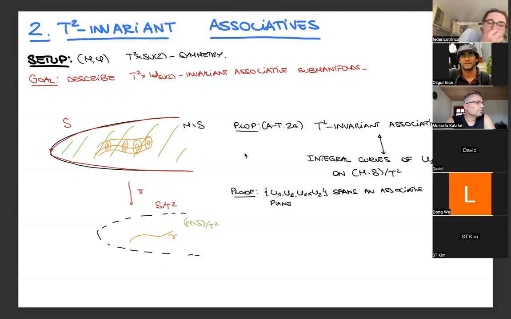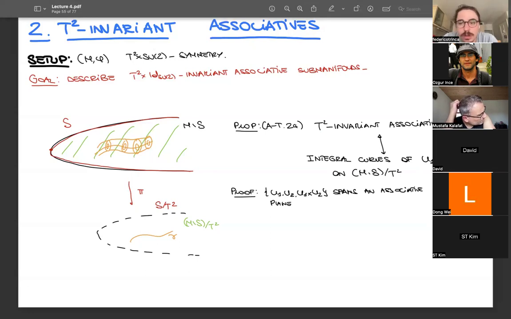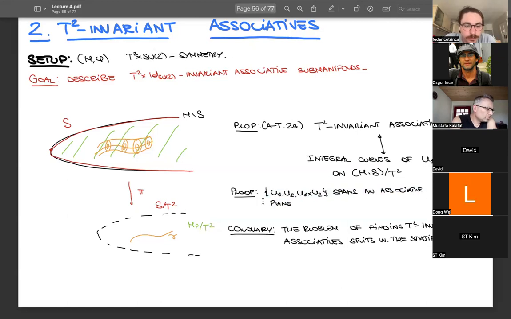Now we want to understand what this curve gamma and the associative upstairs are. What you can show, and it's quite easy to do, is that T2 invariant associatives upstairs correspond to integral curves of U1 times U2, or equivalently the gradient of my multi-moment map nu. This can be shown because U1, U2, and U1 times U2 span an associative plane.